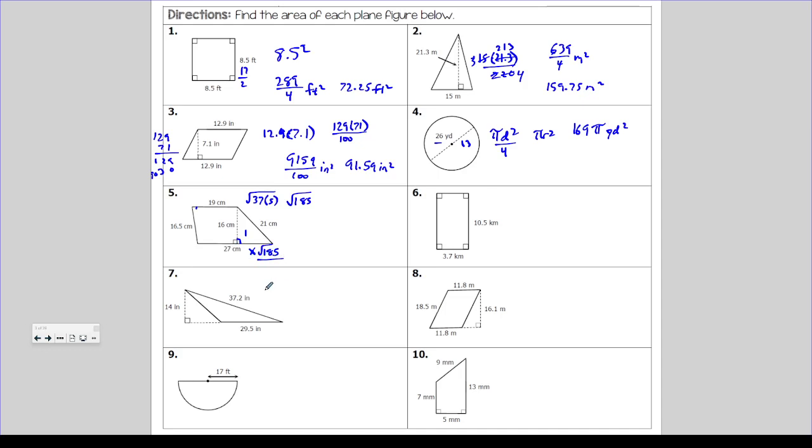And then we've got 27 minus that is this length. And that would give us a rectangle, I think. 27. So root 185 is about... let's see, 144, 169.